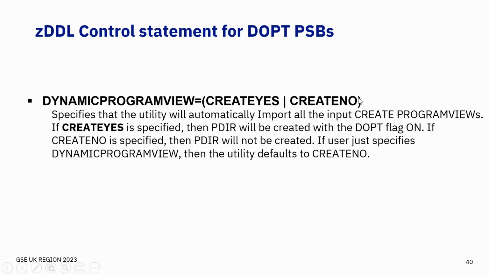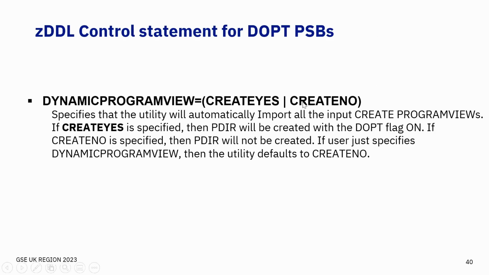If you say create no, we'll create this PSB as a DOP PSB, but in the online system, in the PSB directory, we just won't create an entry. And you might say, well, what's the point of that? Well, we've had some clients that said, I'd like to create a DOP PSB that I'm only going to be using in a batch environment, not in the online environment.